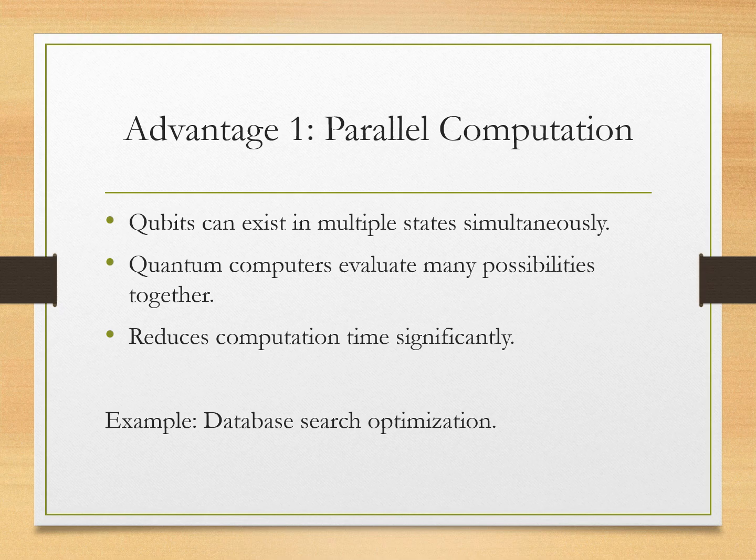In the same way, if the input is 10 qubits, the possible number of states will be 1024 states. So this grows exponentially. This parallel computation is applied in database search optimization along with route optimization, traffic management, financial prediction, etc.